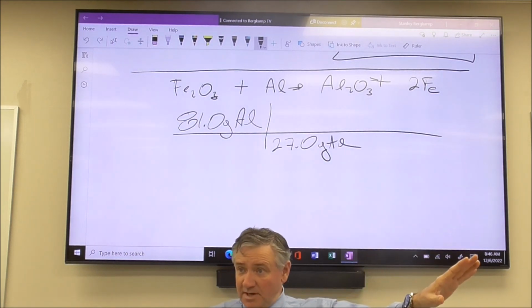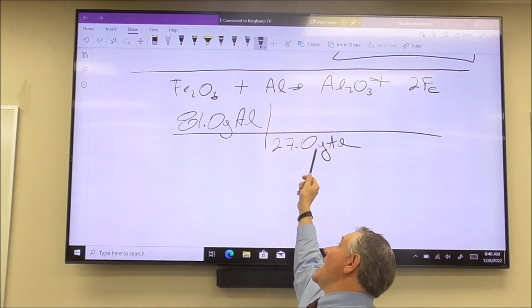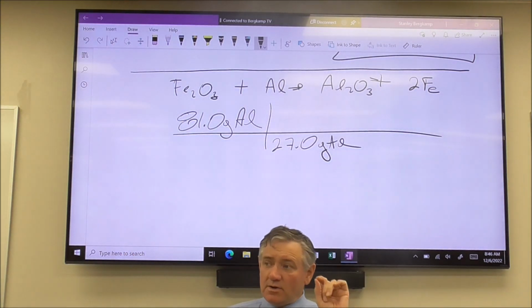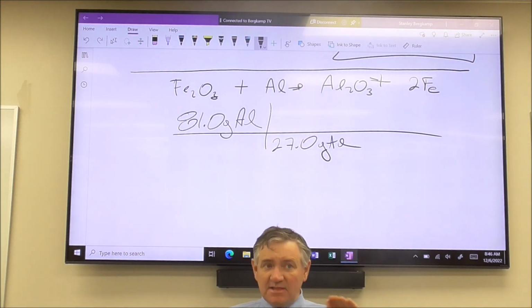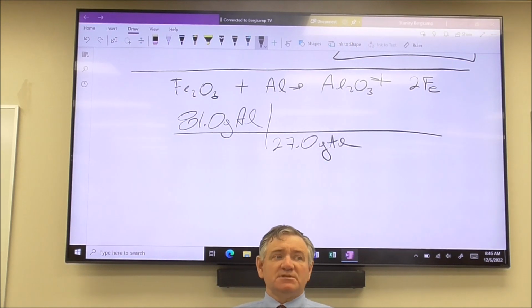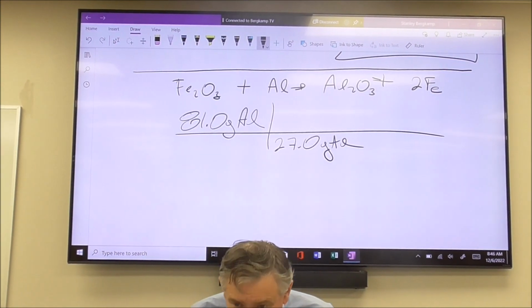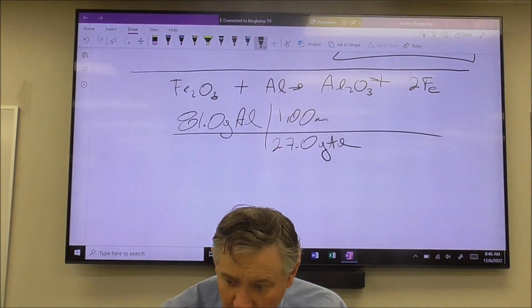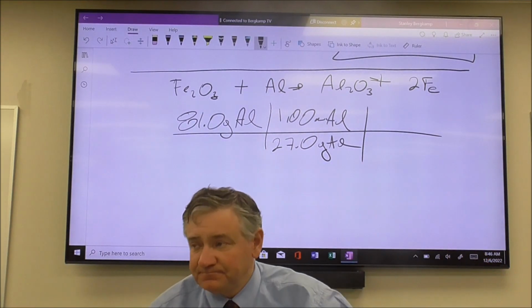I'm going to look at the periodic table, which I did. Now, here's what's important. How many moles are equivalent to 27 grams of aluminum? If I measure out exactly 27 grams, how many moles is that? Exactly 1. This is exactly 1 mole of aluminum. Now, here's a common misconception.